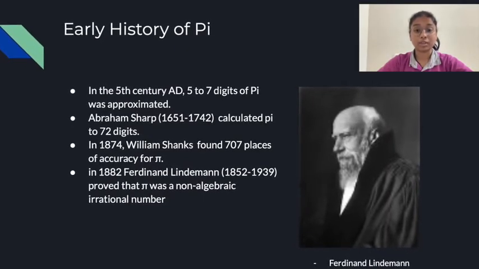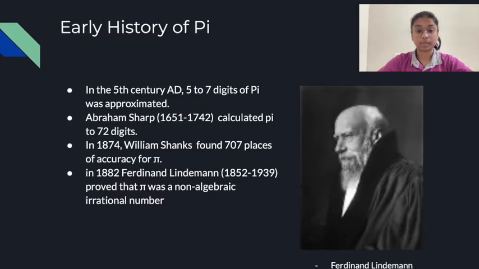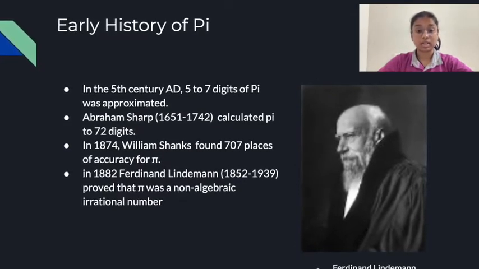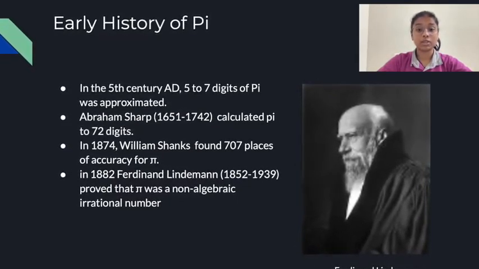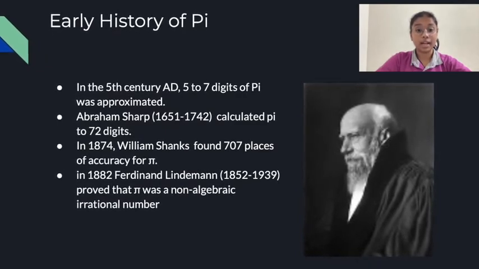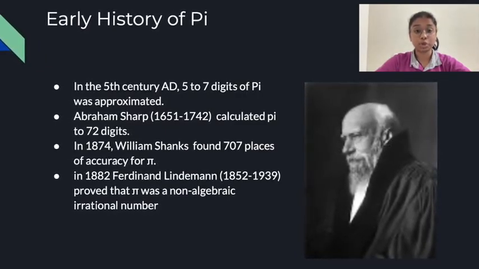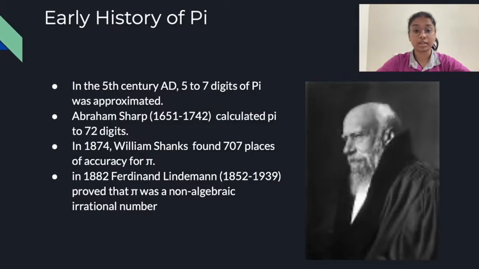Abraham Sharp calculated pi till 72 digits. William Shanks attempted to calculate pi till 707 digits. And in 1882, Ferdinand Lindemann proved that pi is a non-algebraic irrational number.